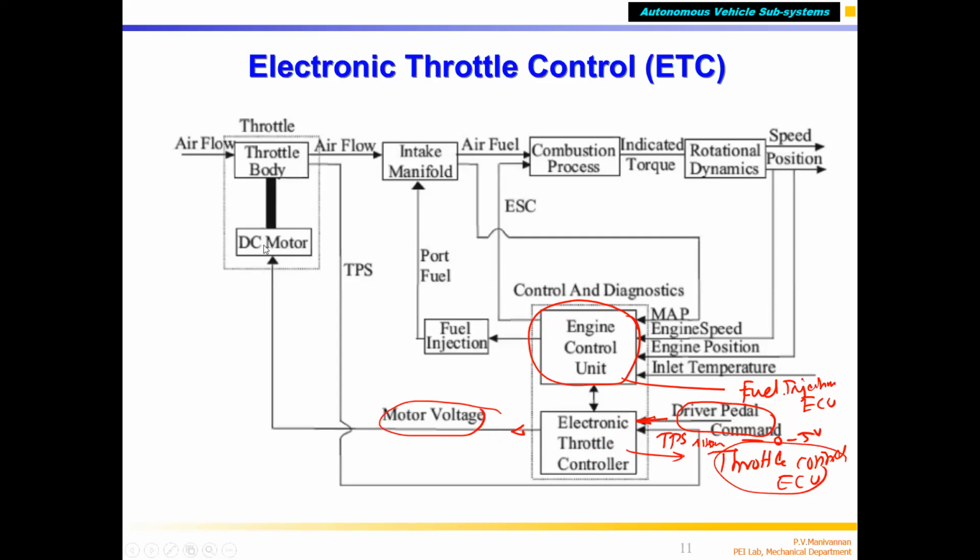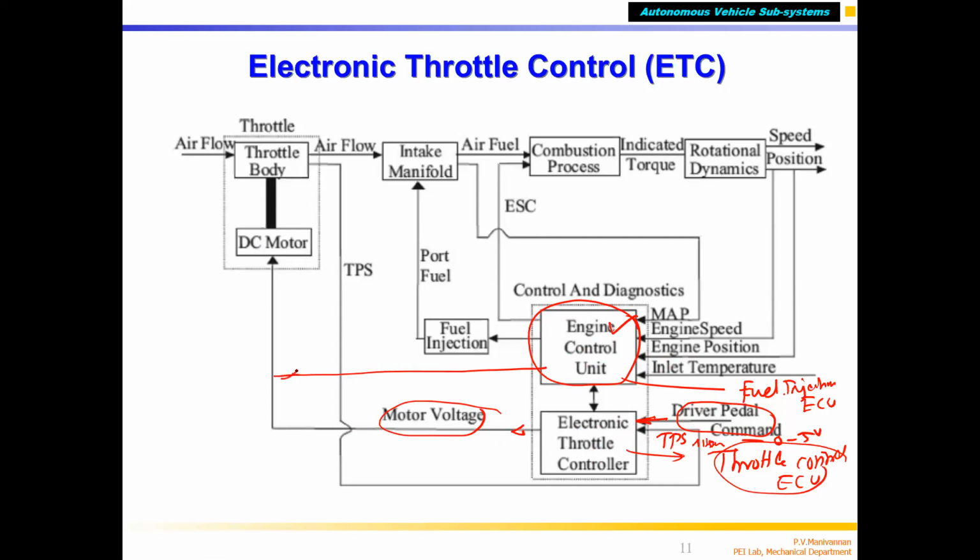So the other one is engine control. Sometimes, if it is a low cost single cylinder engine, the same electronic control unit that is used for fuel injection can be used as the ECU for generating the control signal. Both are possible.